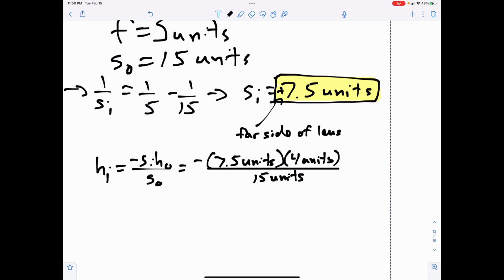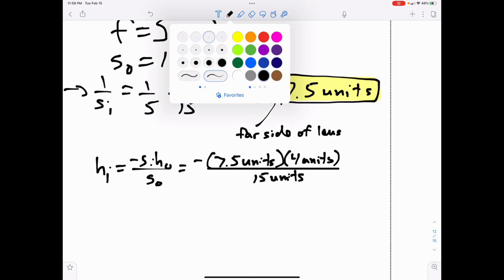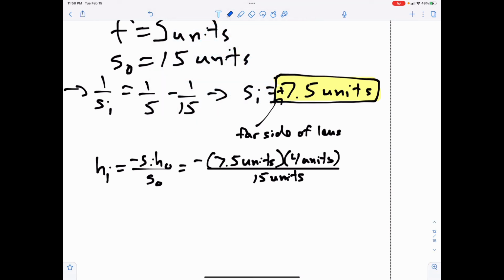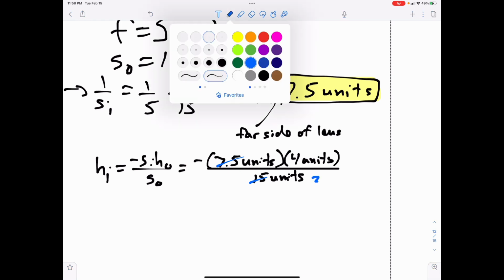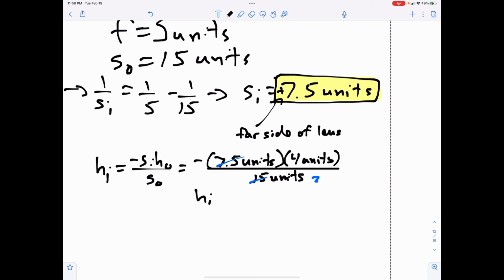This actually works out pretty well because 7.5 goes into 15 2 times, and then 2 times 4 means that the image height would be negative 2 units high. The negative means it's going to be inverted.